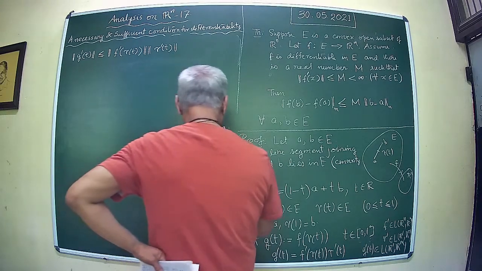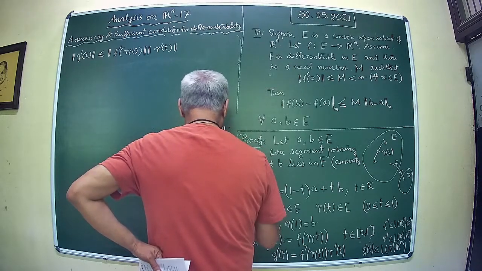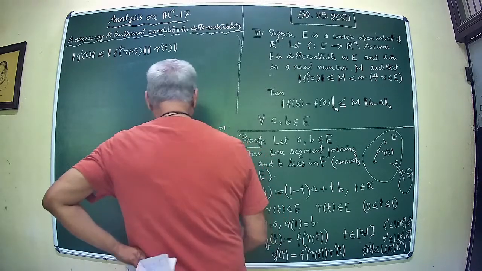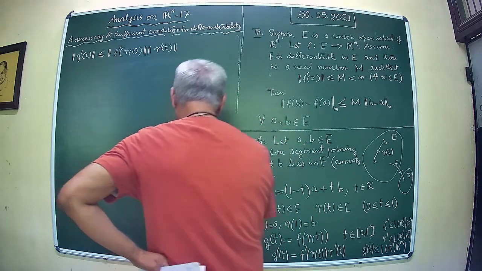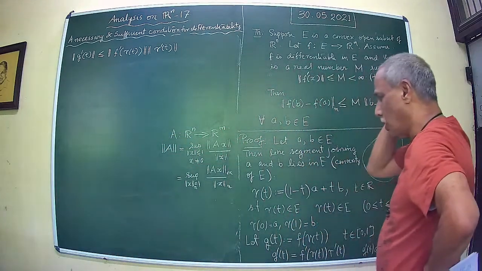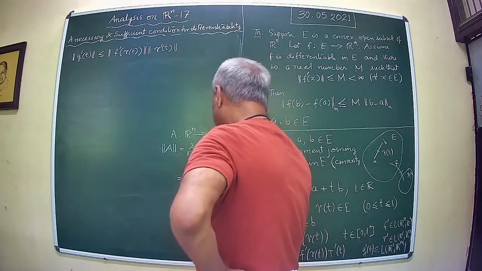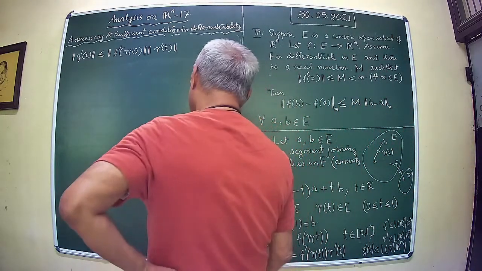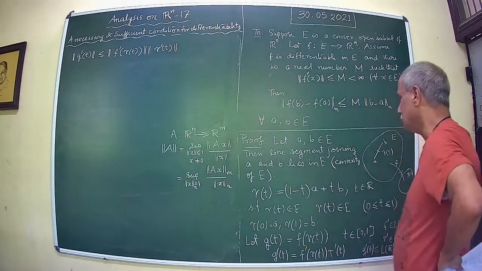This is the m norm, this is the n norm, and the supremum of this over the unit ball, norm of x equal to 1, is what you call the norm of A. For a bounded operator, this is true.